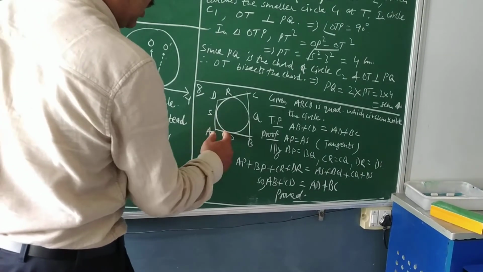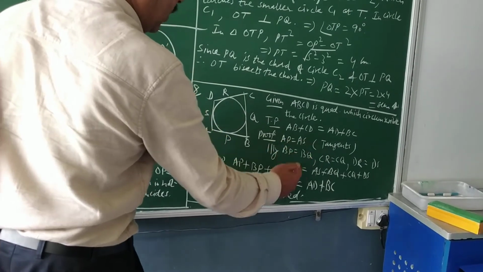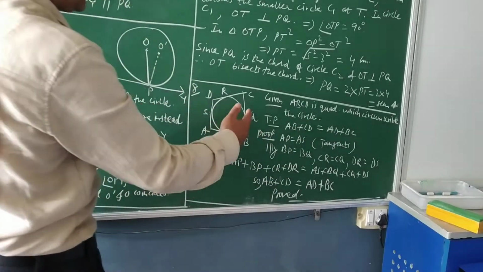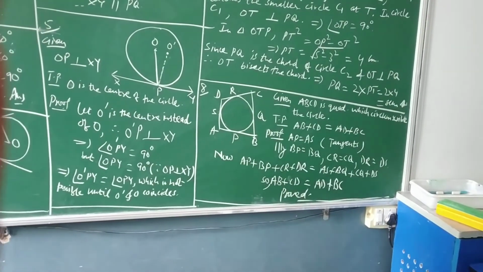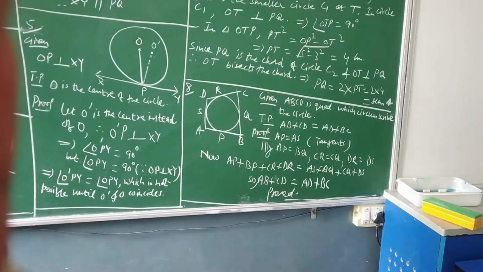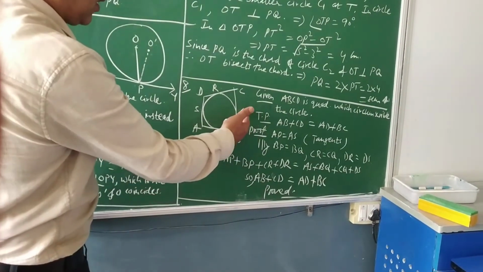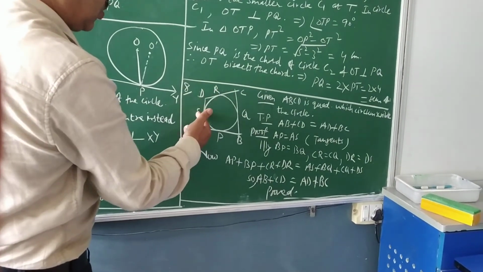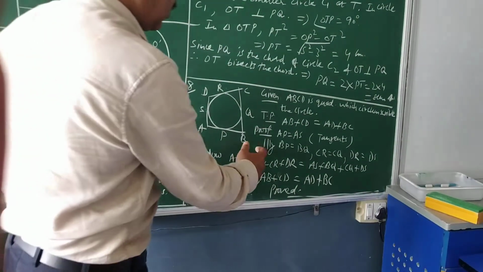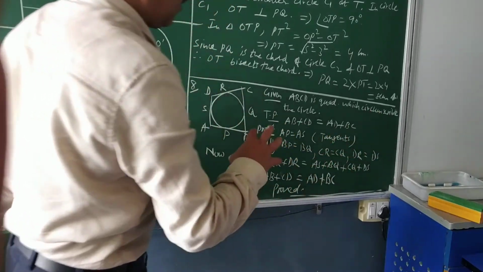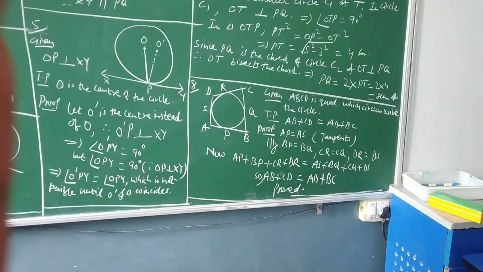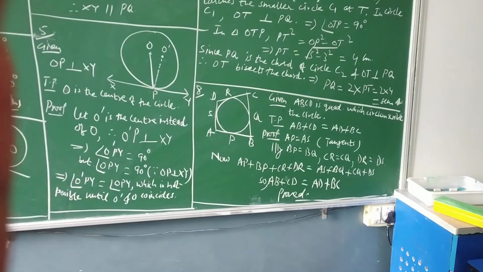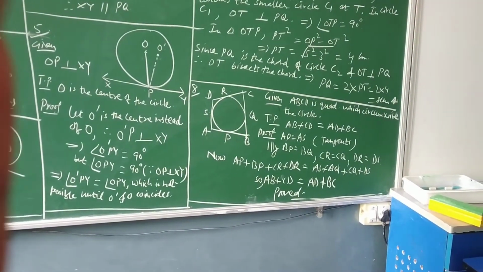In that way I get AP equal to AS, and these are the tangents to the circle from an external point. Similarly, BP will be equal to BQ, CR will be equal to CQ, and DR will be equal to DS. All this information I have written here by using the common property: tangents drawn to a circle from an external point are all equal in length.